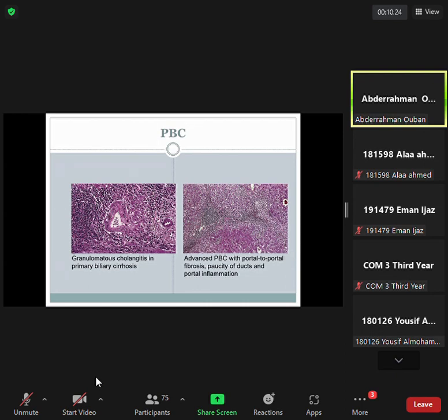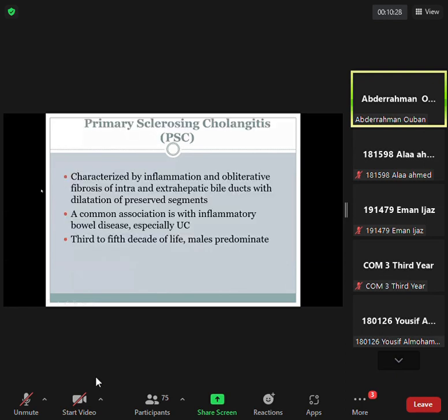Now, an even more interesting entity is going to be the primary sclerosing cholangitis, another biliary cirrhosis disorder. Okay, so the end result of this is going to be cirrhosis of a biliary origin, of a bile leak or a bile retrograde flow origin.